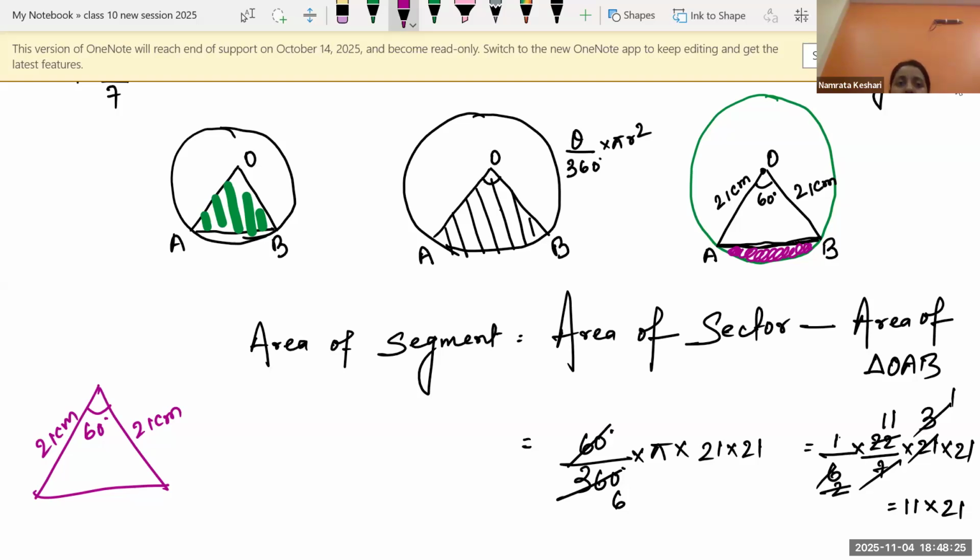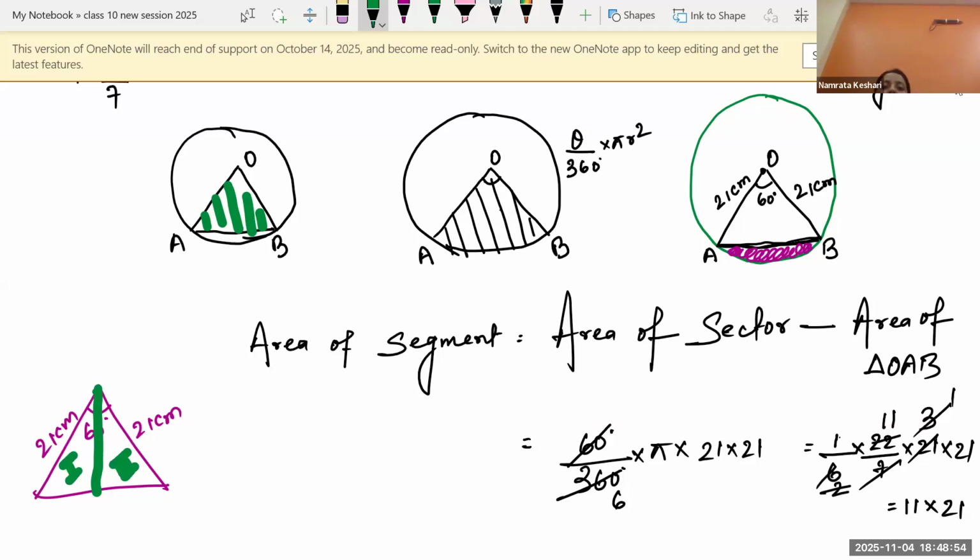Now in an isosceles triangle, there is a property that since these two sides are equal in length, the moment you drop an altitude over here, this altitude will divide this complete triangle into congruent triangles. This triangle number 1 and triangle number 2 will be exactly the same, congruent.